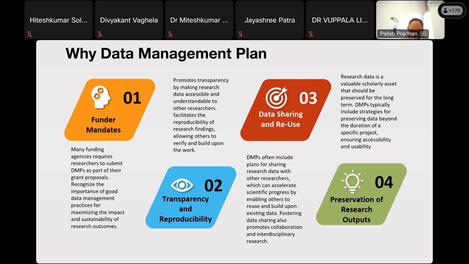It's not at the time of starting the research, but even at the time of conceptualizing a research, that you have to prepare the data management plan. It is being mandated by all these well-known funding agencies to support your proposal, and also as a way to recognize the importance of good research data practice that you follow while conducting your research, so that it will maximize the impact and sustainability of your research outcome.